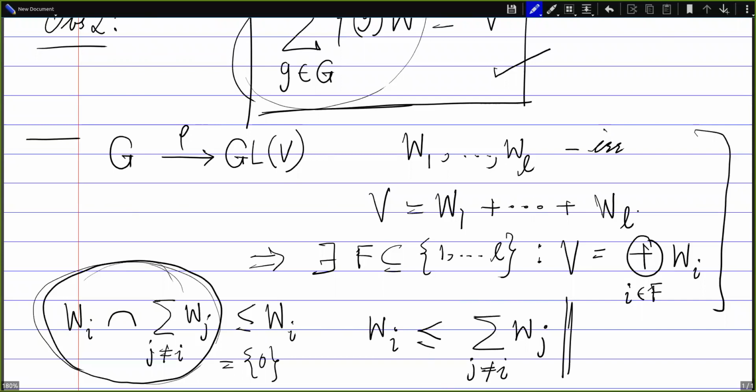Since we are dealing with only finitely many things, after finitely many steps we will arrive at a situation where none of the terms present is contained in the sum of the other terms. In our process, every time we throw out a term, the entire sum is not changing. So when we stop after finitely many steps, our sum will still be V, and since none of the terms present is contained in the sum of the others, the sum will be direct.